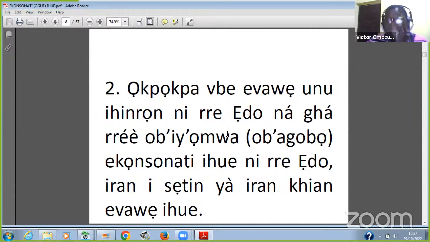Whereas when they come after any of the 5 nasal consonants, they are automatically realized as nasalized vowels, as we'll see as we proceed.